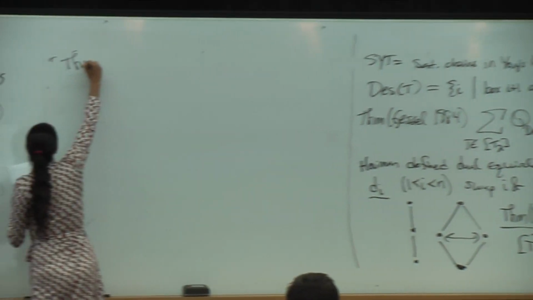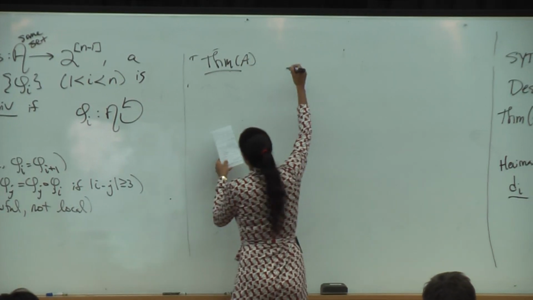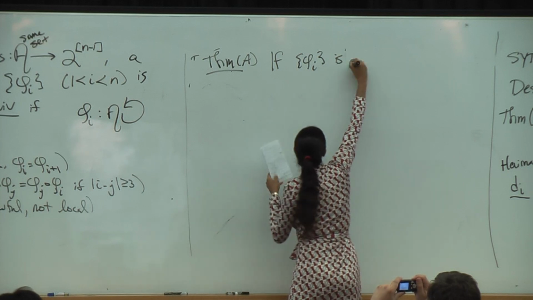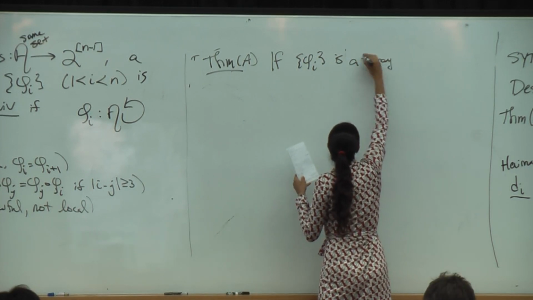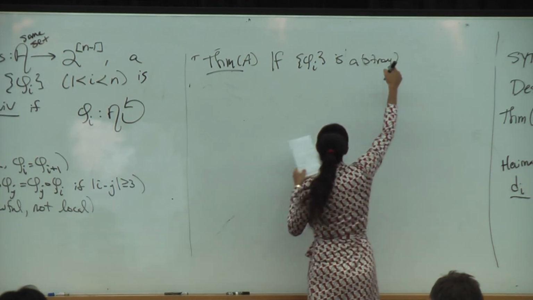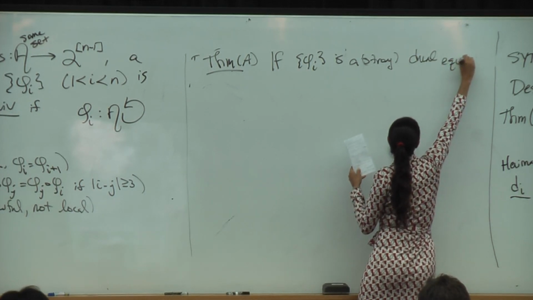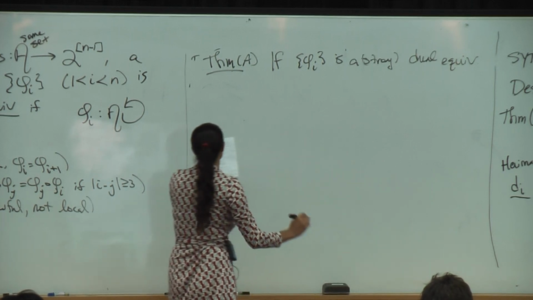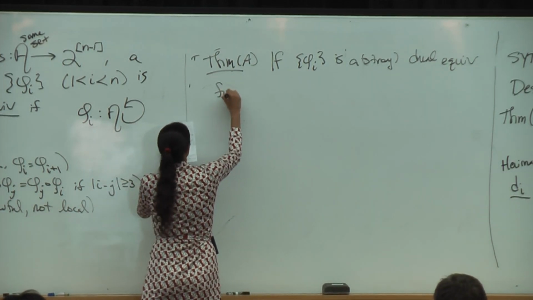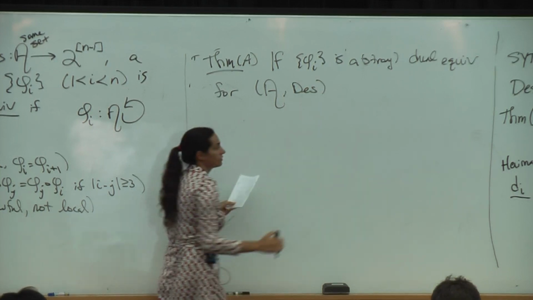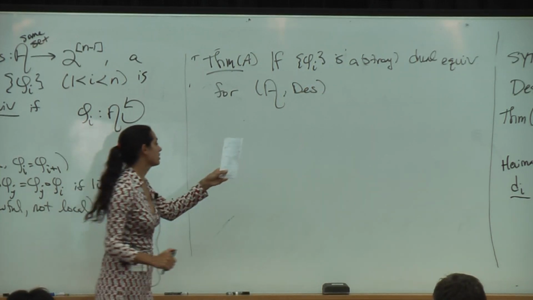So here's a theorem. If phi is a strong, now I put this in parentheses because I don't think this word appears in any of the papers, but it will soon. It does on my computer, maybe not on the arXiv. Strong dual equivalence for your set A and your statistic on the set.